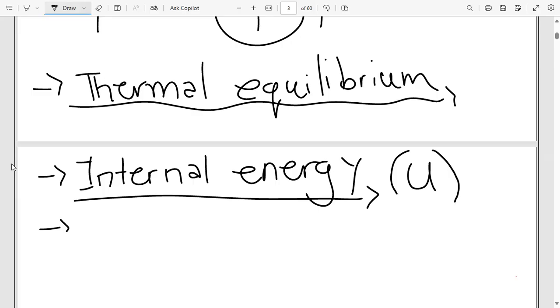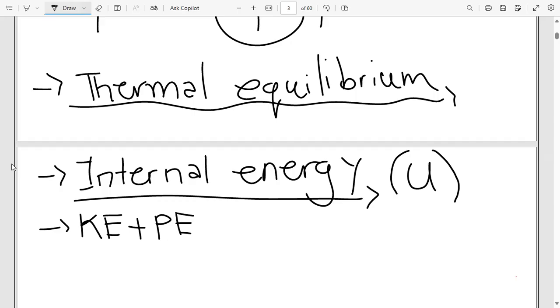This is just the sum of all the kinetic and the potential energies in a particular system. It might be a substance, it might be whatever you can talk about. So long as that is an existing material, it is going to have some sort of energy inside it. So this is a characteristic of each and every material that we call internal energy.